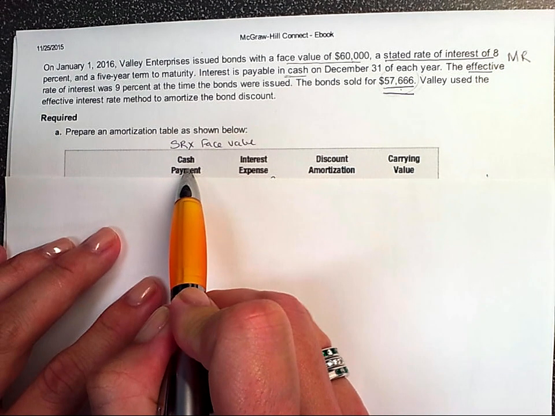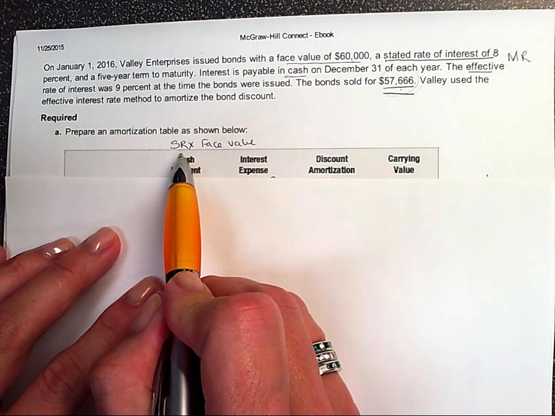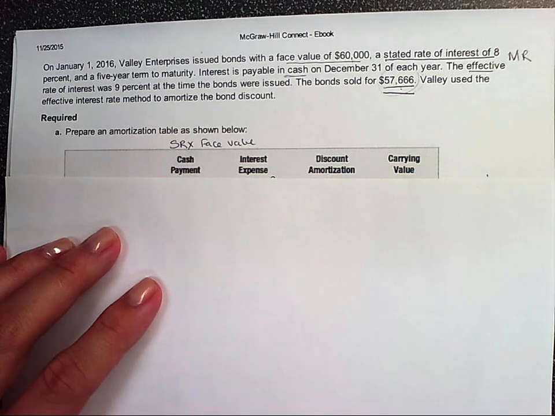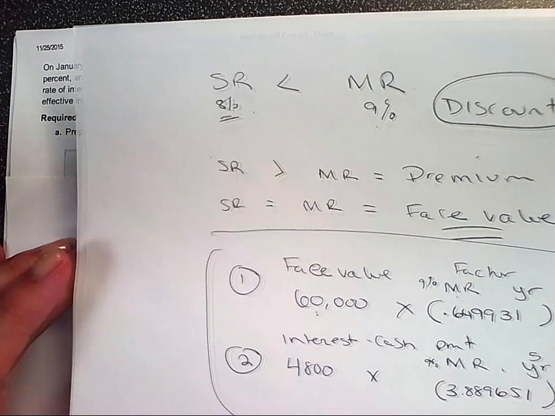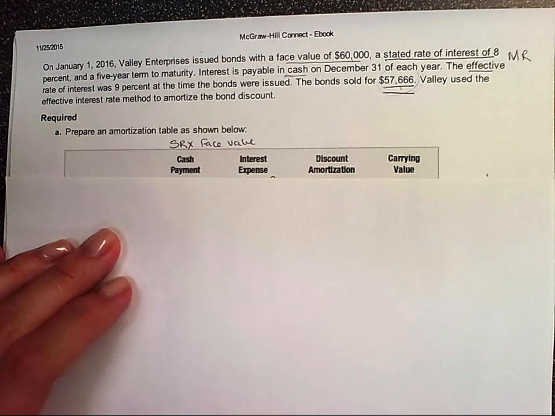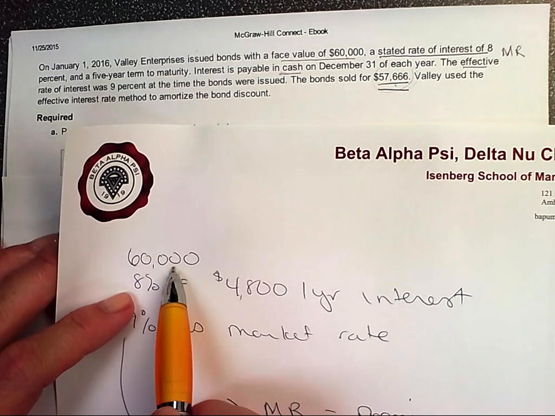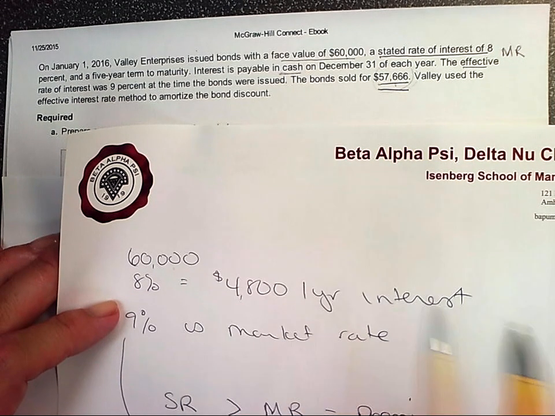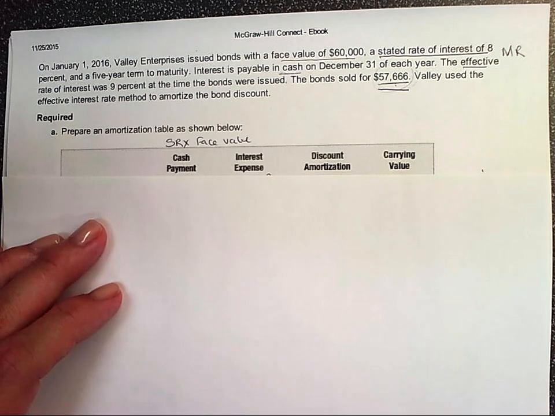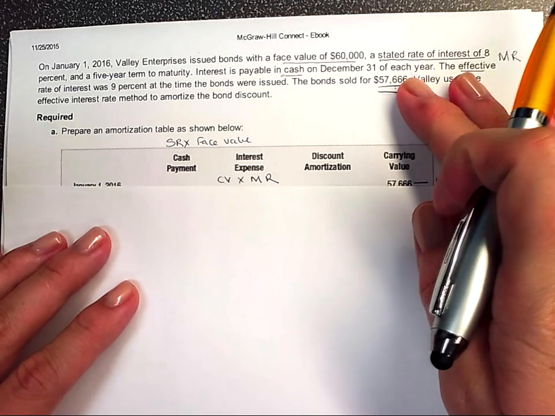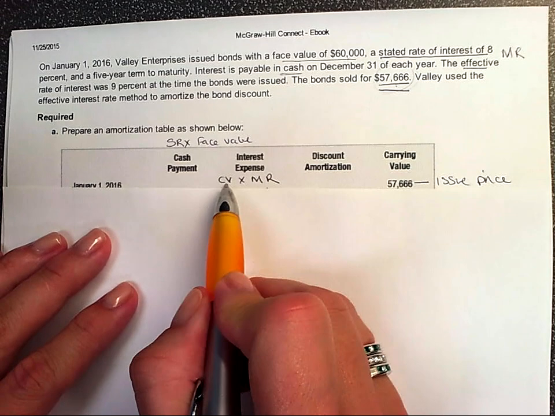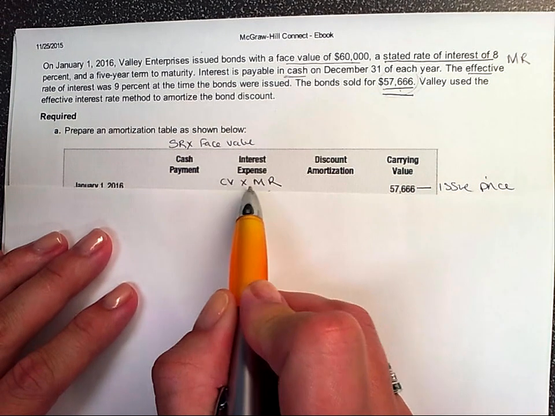The cash payment will never change. It's always stated rate times the face value. When we looked at that, we said that the stated rate times the face value, $60,000 at 8%, always equals the $4,800.